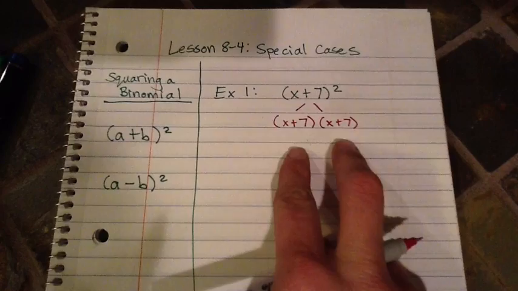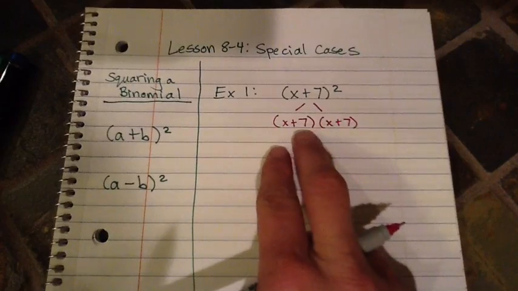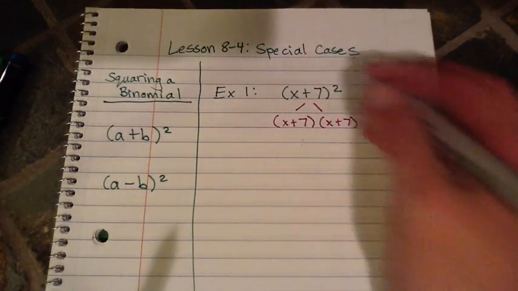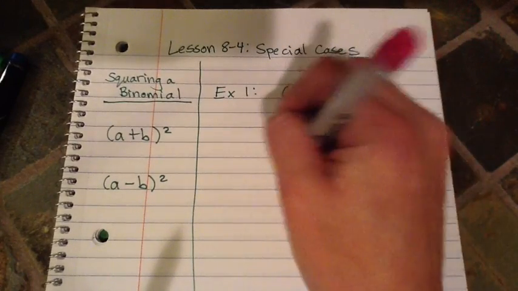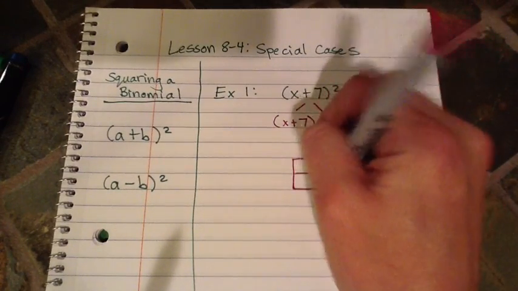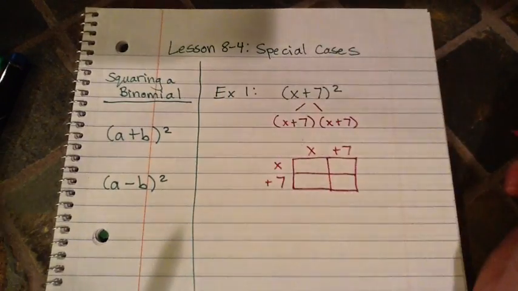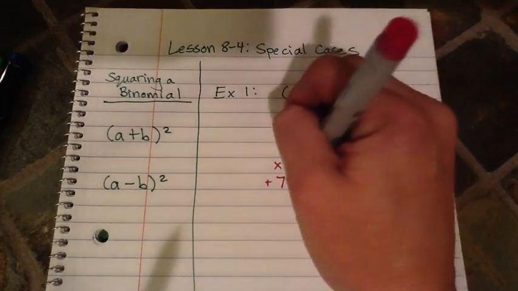Now you should see exactly what we had in lesson 8.3, where you're multiplying two binomials together and you should end up with 4 terms, and then you combine like terms if you can. So I'm going to go ahead and show this to you using the rectangle. What you end up with is x plus 7 times x plus 7. You multiply it all out, which you were all doing really well at, so I'm not going to take much time on that.